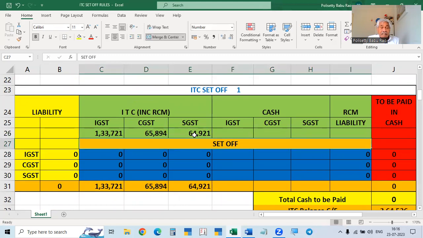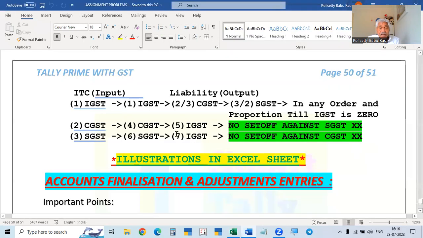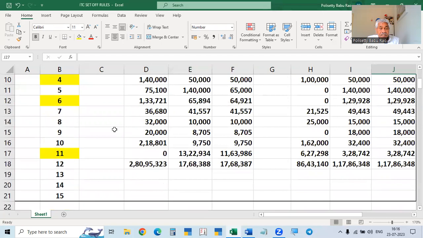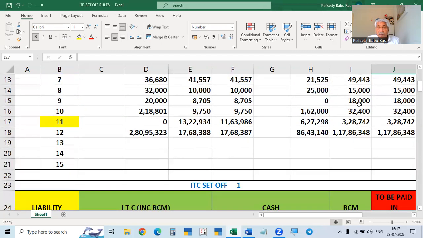This is the liability and ITC. There is no liability for IGST, no liability.